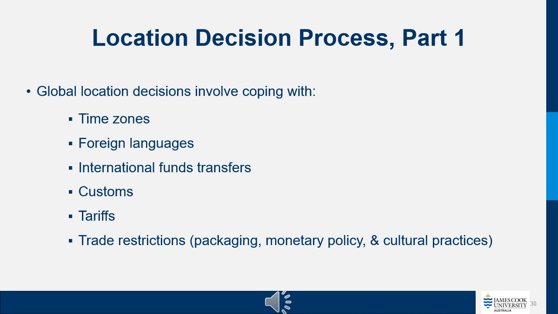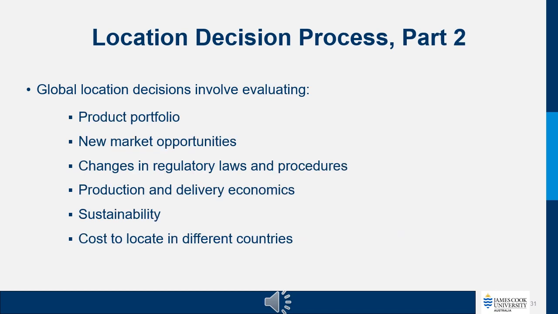So when we come to the international supply chain or global supply chain, we always need to look into all those factors. Also, in a global context, we need to evaluate product portfolio, new market opportunities, changes in regulatory laws and procedures, production developing or delivery economies, sustainability, costs to locate in different countries. We will need to look into it.